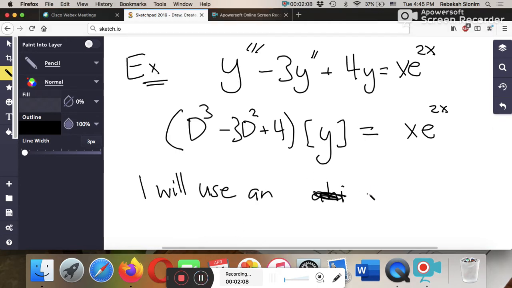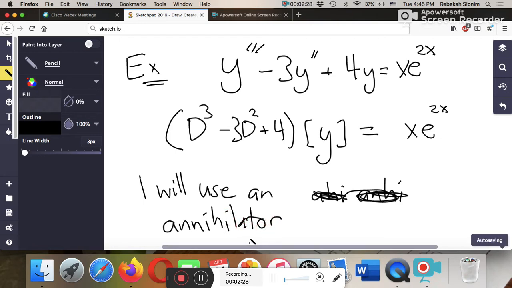I'll just cross it out. I have no idea how to spell annihilator. I'm not going to try. I think it's A-N-N-I-H. If I try to do it on this thing, I just can't do it. Okay, here we go. That looks promising.